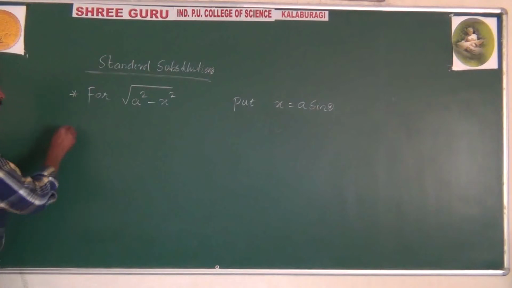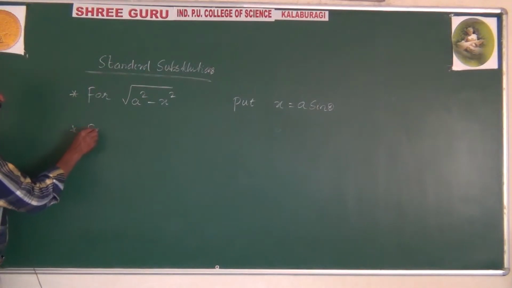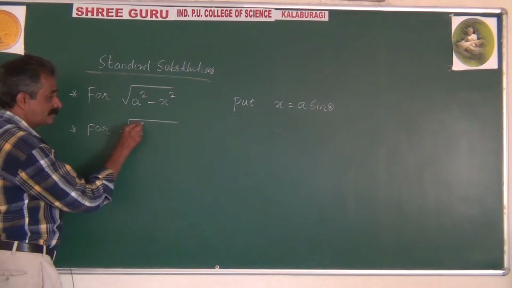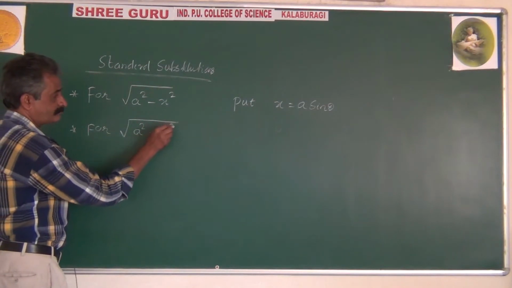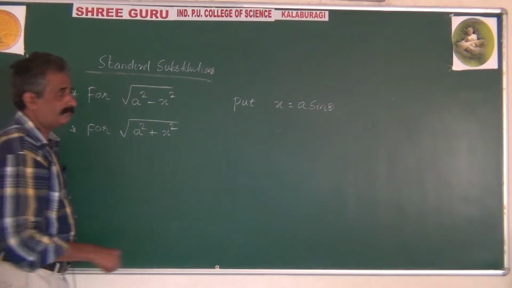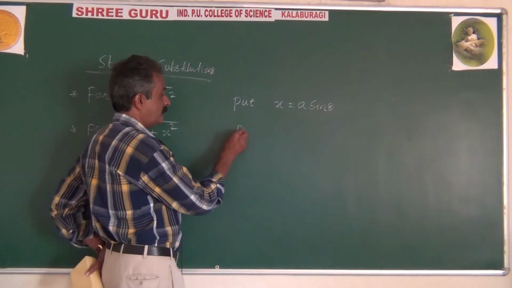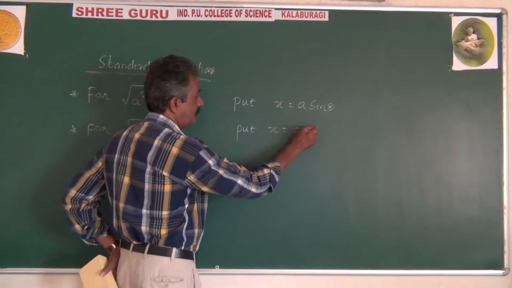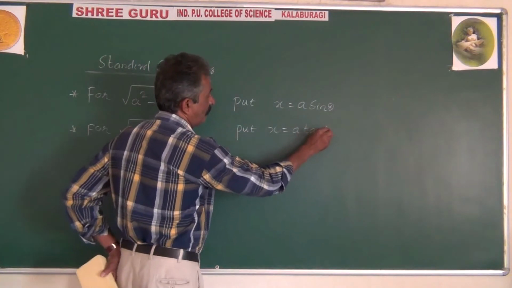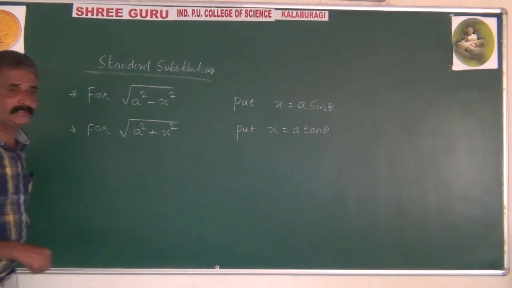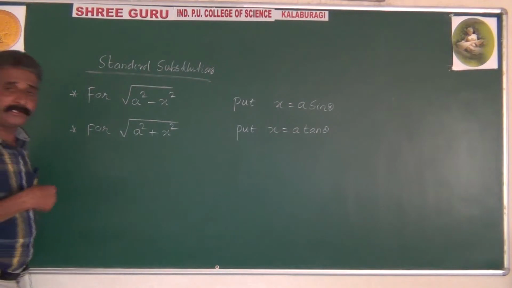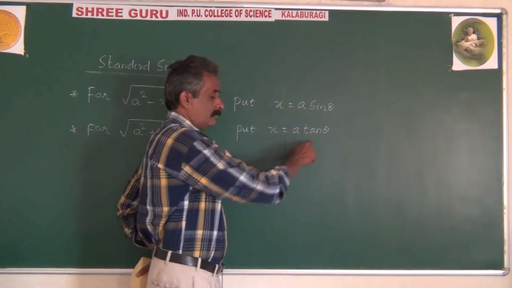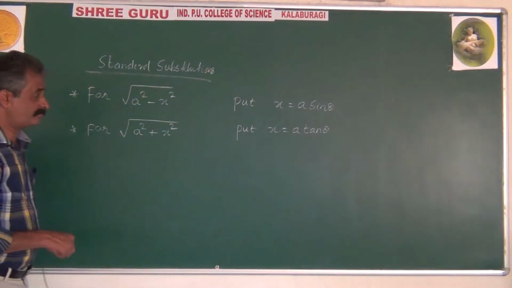Next, for an expression like root of a square plus x square, we need to put x equal to a tan theta. Even you can put x equal to a cot theta also, but more often we prefer a tan theta.